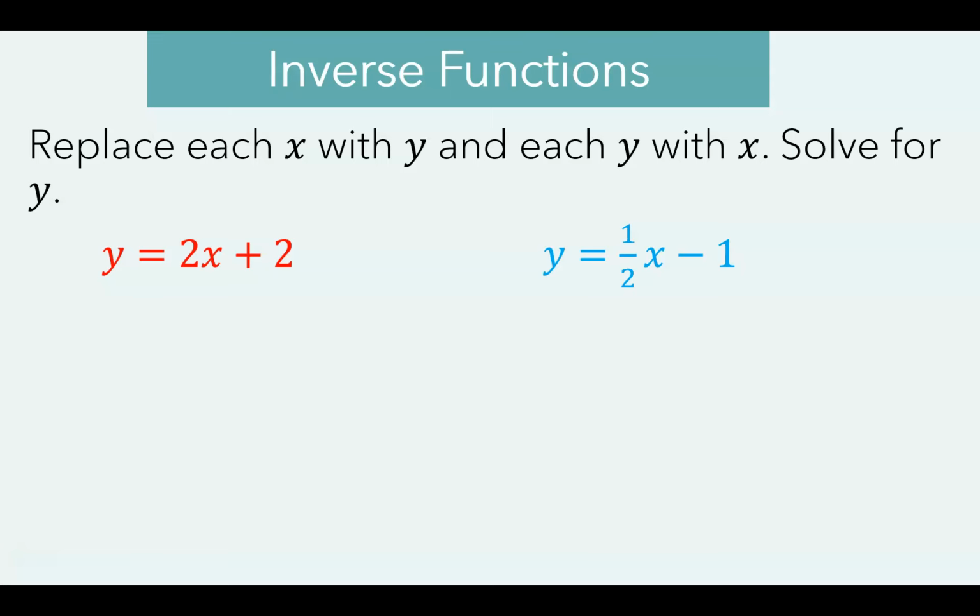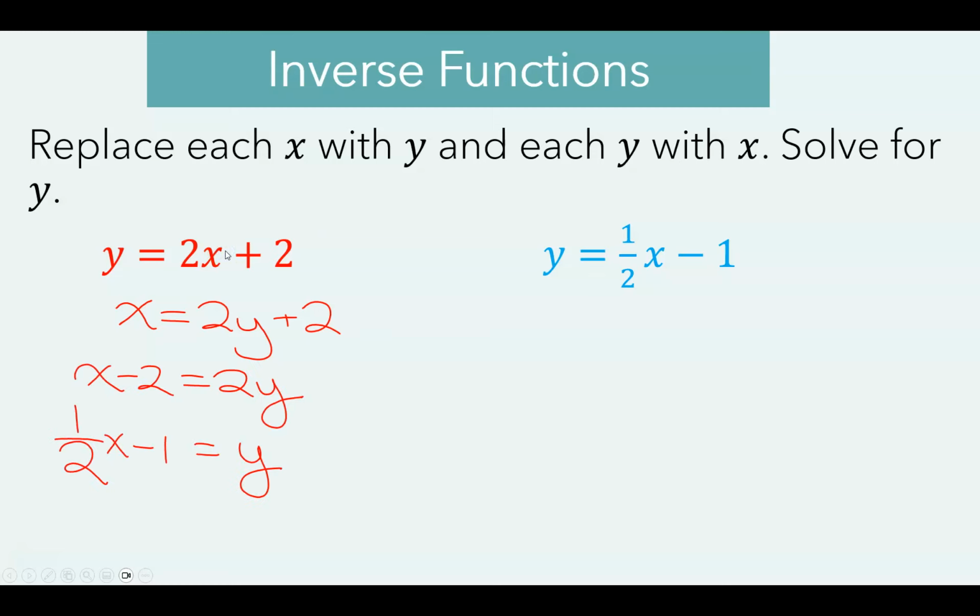So if you've forgotten how to find inverses, the easiest way, or the way I was taught, is replace each x with y, replace each y with x, and then resolve for y. So y equals 2x plus 2 becomes x equals 2y plus 2, and we'll subtract 2 from both sides, divide by 2, and y is equal to 1/2 x minus 1, which is, of course, the other function we've been working with.